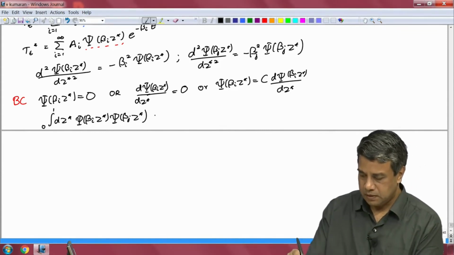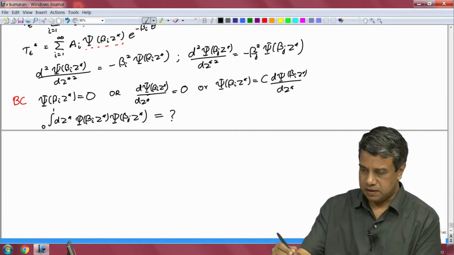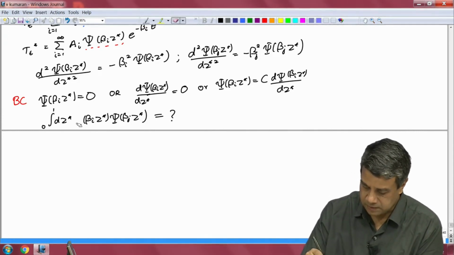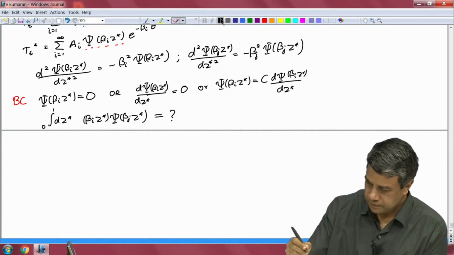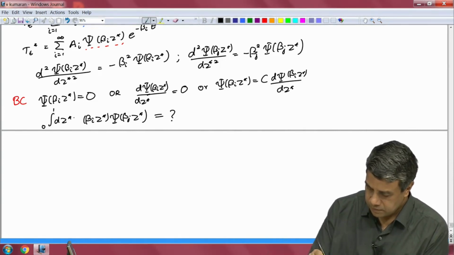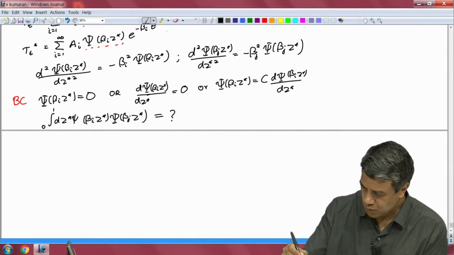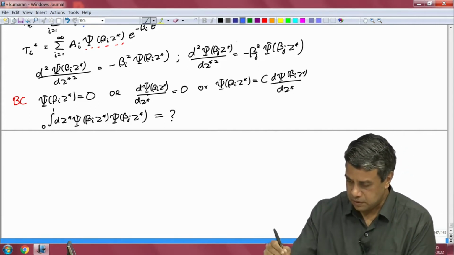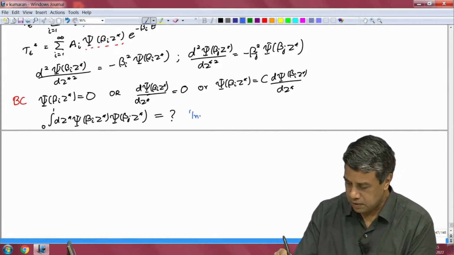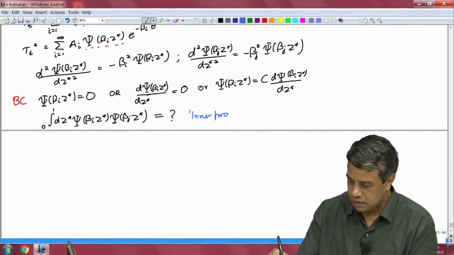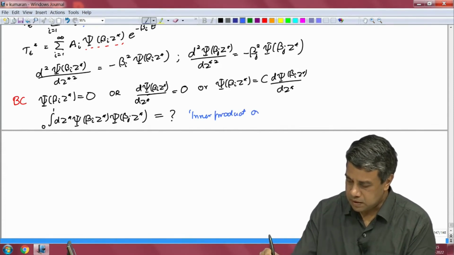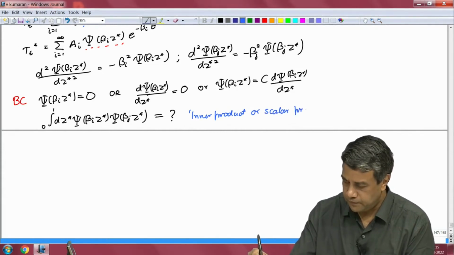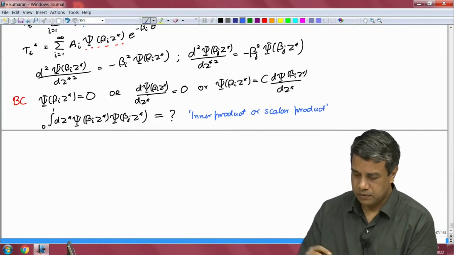What is this? This is what I will call the inner product, or scalar product. What is this given by?